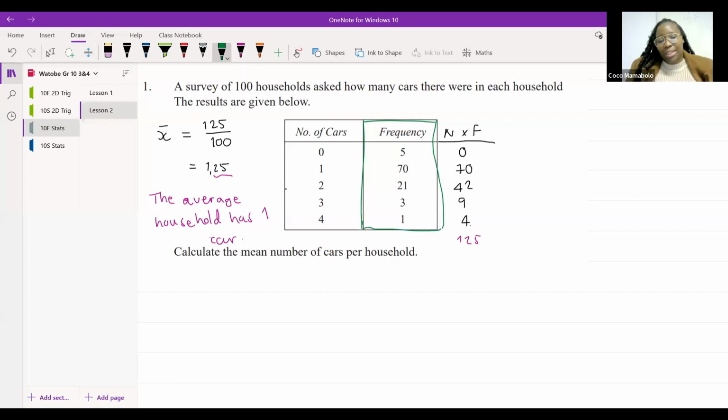Oh, 70. 70, right? So if they ask which number of cars shows up the most, you can say most households have how many cars? Because the mode is 70, you can say that most households have 1 car. So our mode is 1 car.